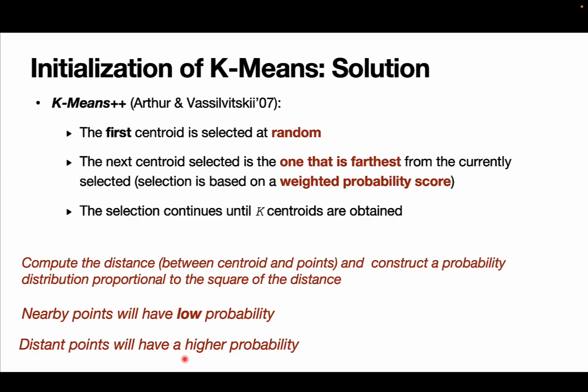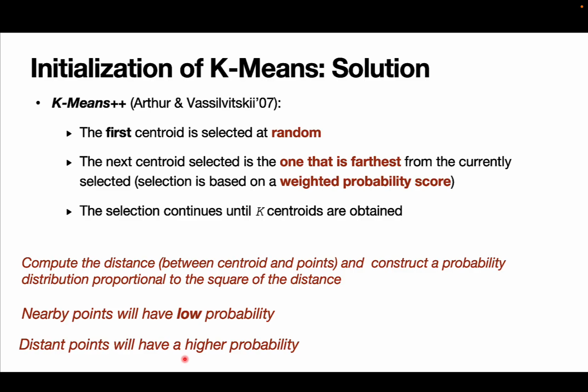Note, it doesn't try to pick the farthest point blindly, because this would end up picking an outlier. Instead, it approaches the problem by introducing randomness in a smart, distance-weighted way.